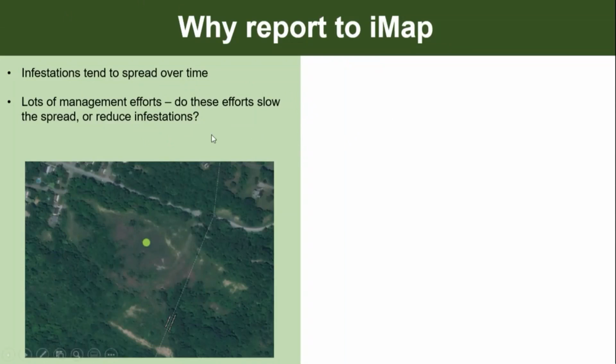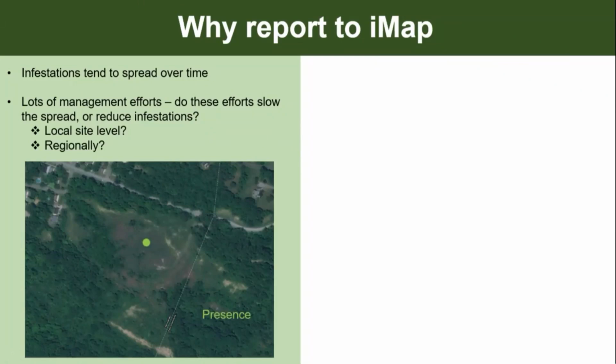And so do these efforts slow the spread or reduce infestations? Are they not effective in some situations? And you can think about this both at a local site level and at a regional level. So in the image on the slide, you can imagine an invasive species pops up in a location.